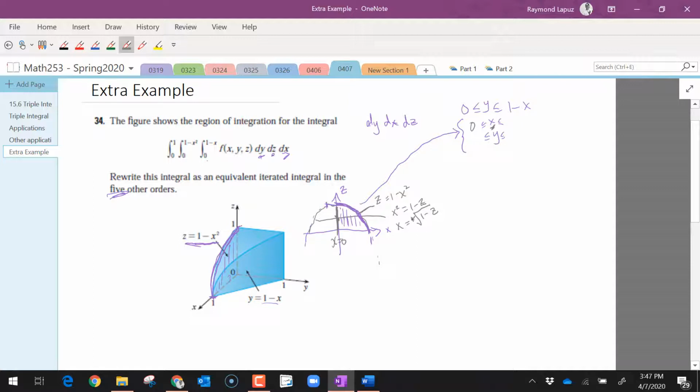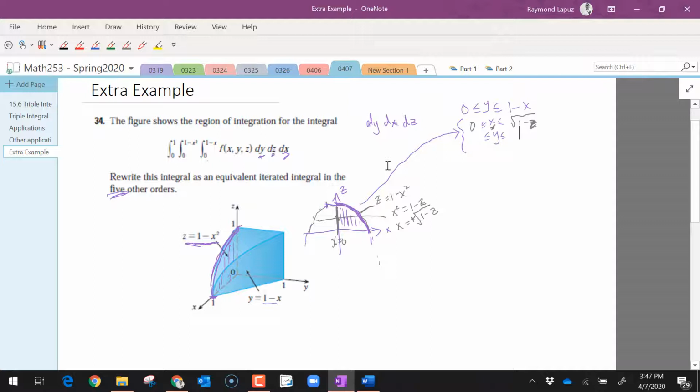So we're just going to look at the positive part. This is the positive square root of 1 minus z. So that is our set of limits for x.